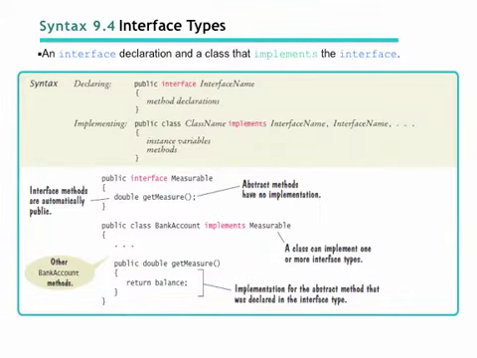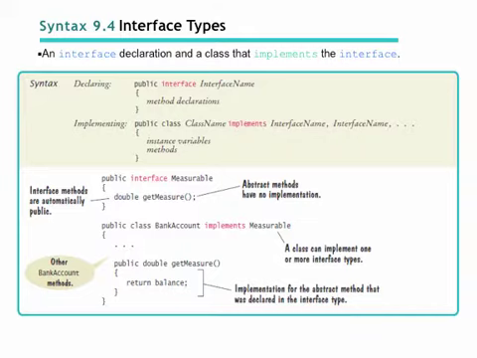Here is a syntax definition: public interface, and then the interface name. Just like classes, interface names start with an uppercase letter. Then inside the body of the interface, the method declarations. So that's just the method headers. You leave off public and abstract because they are public and abstract by default.